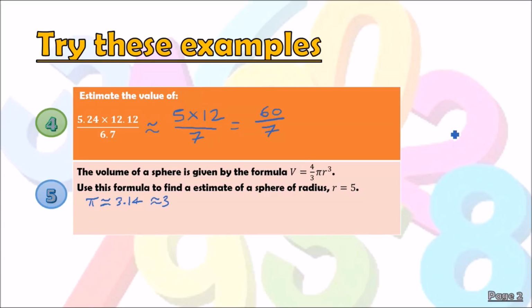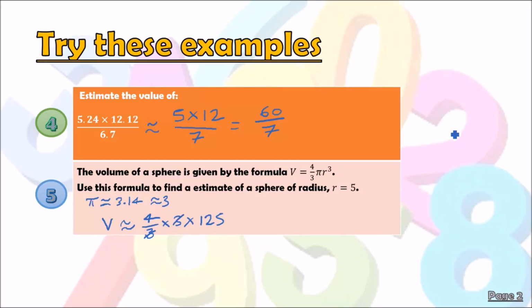Make our life easy. So, r is 5, so therefore volume is about 4/3 times 3 times r cubed, so 5 cubed is 5 times 5 times 5. Put in a calculator, or knowing that 5 times 5 is 25, you should get 125. And the cool thing about this is that these two actually cancel out, so 3 cancels with 3.